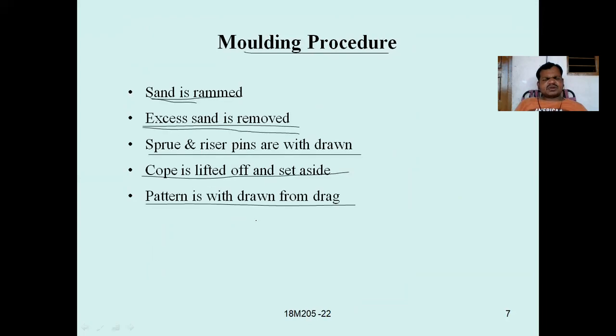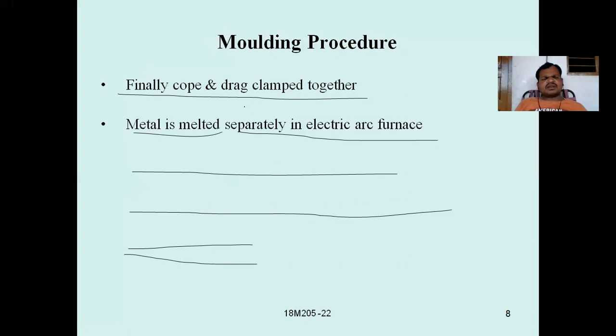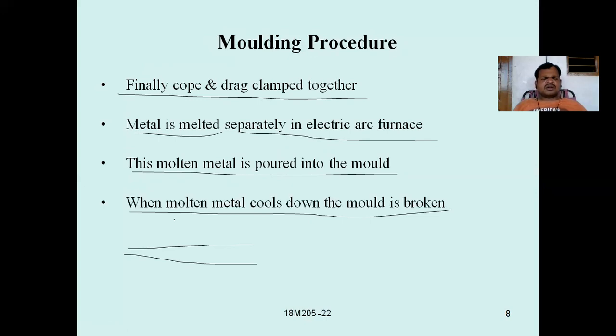The pattern is withdrawn from the drag. Finally, the cope and drag are clamped together, and metal is melted separately in an electric arc furnace. This molten metal is poured into the mold.